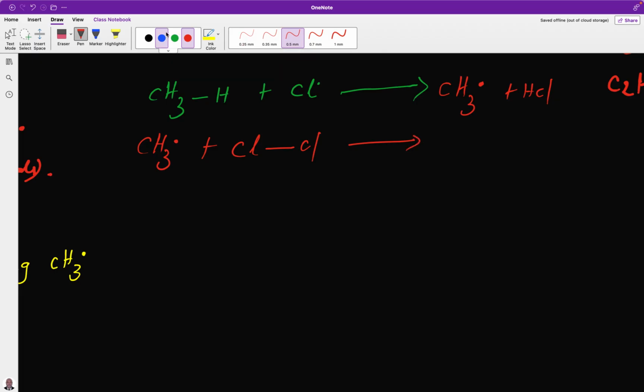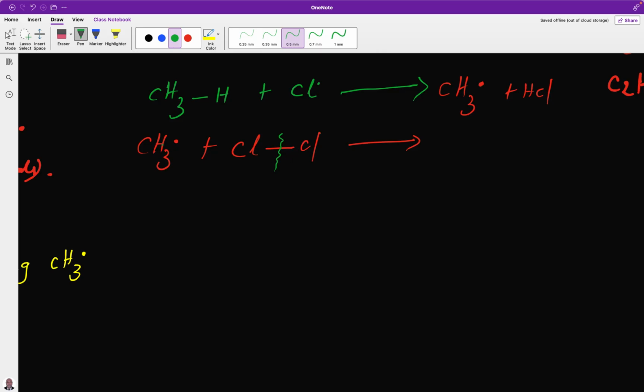And in this process, what happens? As I said, it is continuous homolytic fission under propagation. There must be homolytic fission. When there is homolytic fission, one electron goes to one chlorine and one goes to the other chlorine. What you observe here is that a free radical is formed.